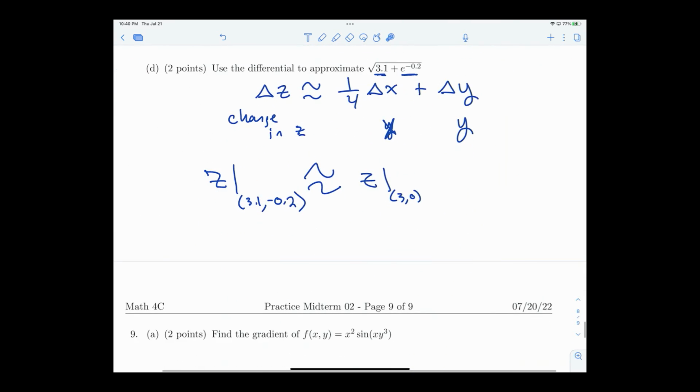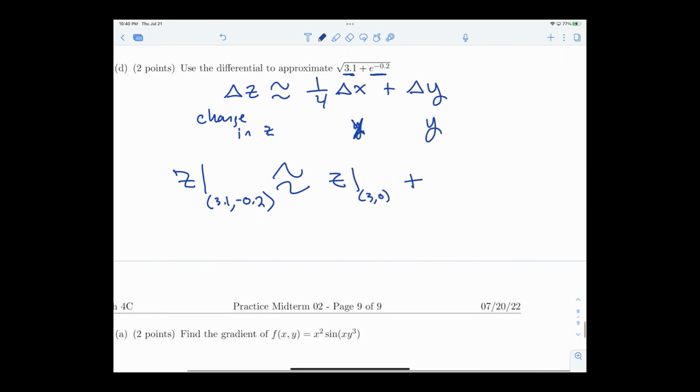So z evaluated at this point is approximately z evaluated at (3, 0), plus this delta z.